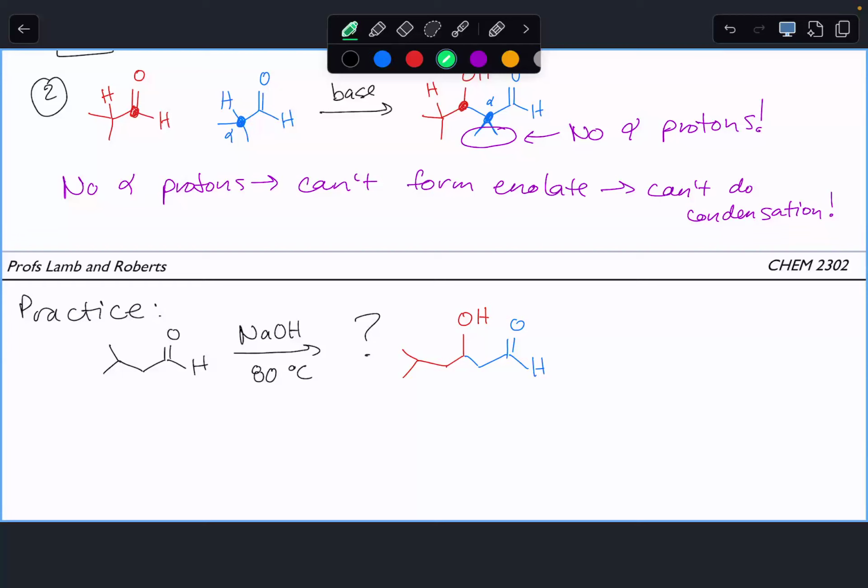So if I number my atoms here, 1, 2, 3, 4, 5, 6, I know that my nucleophile should be attached by this 3 carbon right here. 1, 2, 3. Good. And then I just need to fill in the rest of my carbons, which is 4, 5, 6.